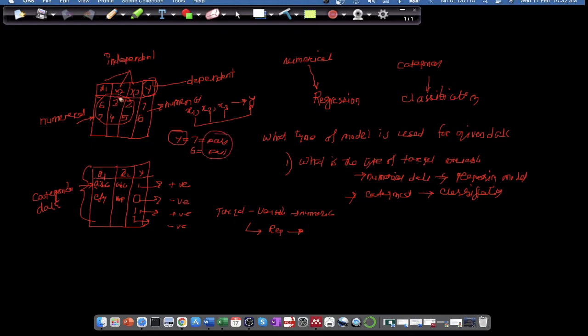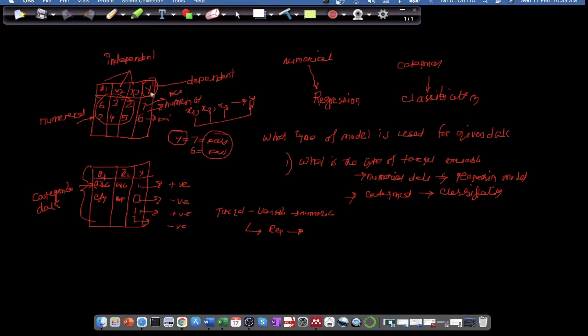We don't want to predict that if the marks of x1 is 6, x2 is 3, then the target value is 7. Instead of that, we want to say that the data point is predicted as pass, or we want to say the data point is predicted as fail. That means here also, although everything is numeric, it is defined as categorical data.